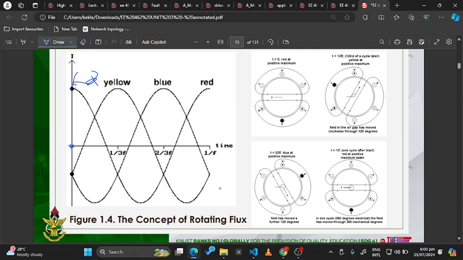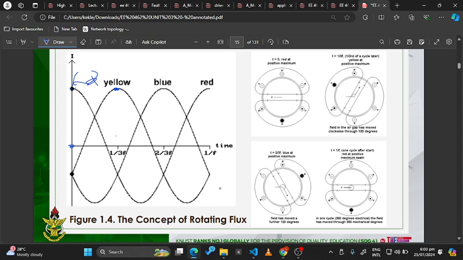So we can see that at time t equal to 0, phase red is at its maximum. Then at time t equal to 1/3 of the period, phase yellow is at its positive maximum. So now the maximum has switched from phase red to phase yellow.